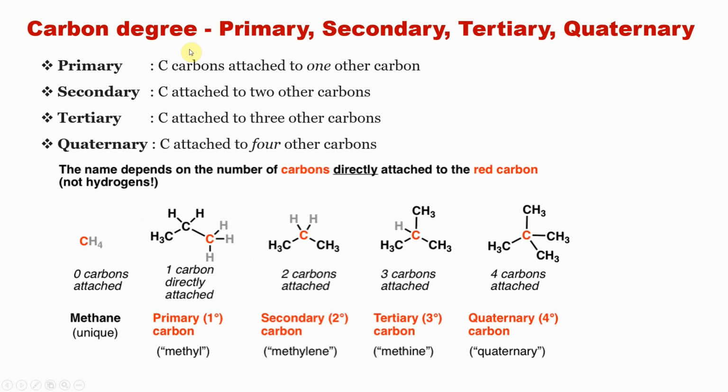Again, as I told you, this lecture will be very basic, but I want to make sure that everybody is at the same level so that we don't miss any fundamentals. So let's look into carbon degree. 1 degree, 2 degree, 3 degree, 4 degree carbon na enna. So when you take a 1 degree carbon, it is also called a primary carbon. Okay, primary carbon na, the carbon is attached to only one other carbon.